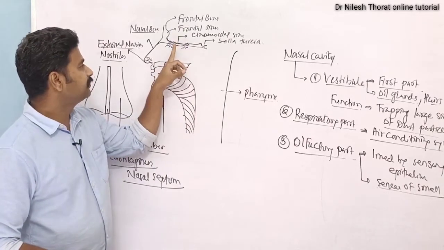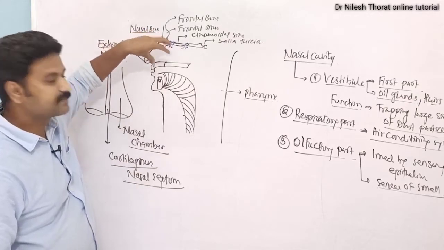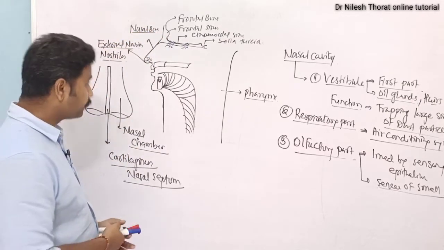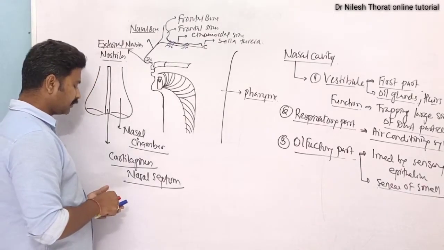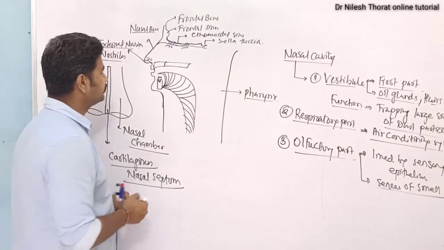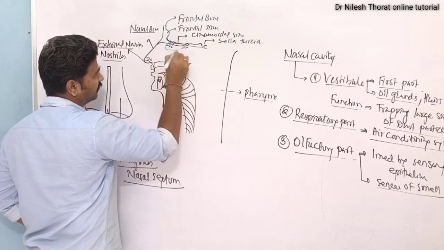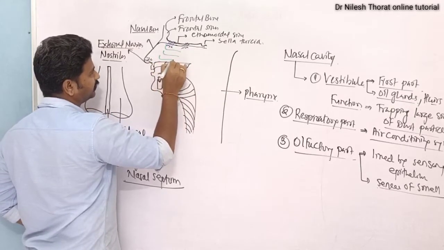Due to the sensory epithelium, it is responsible for the sense of smell. Now in the nasal cavity there are three bony prominences, which protrude out in the nasal chamber. These bony prominences protruding out in the nasal chambers are called concha. Here we have one bony prominence, this will be a second, and this will be a third.